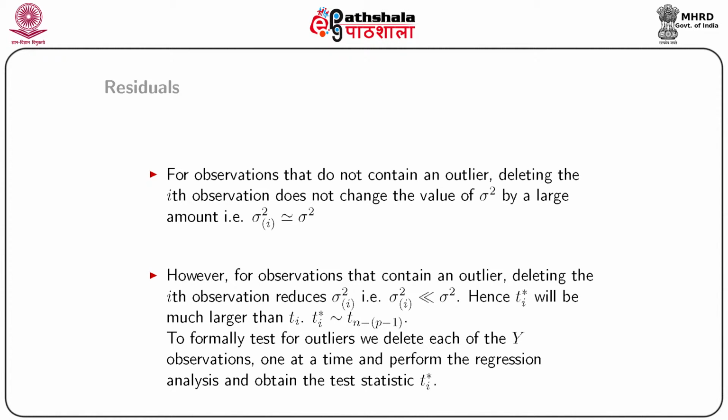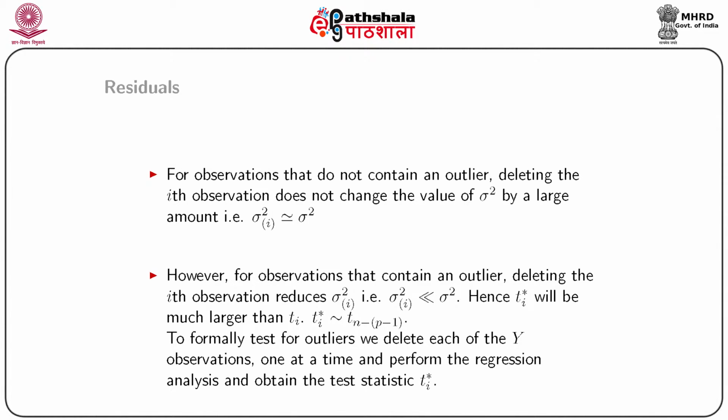That is, after deleting the ith observation, the variance sigma subscript i square is much lower than sigma square. Hence, Ti star, which is obtained by dividing the residuals by sigma subscript i, will be much larger than Ti or the standardized residual. The studentized residual Ti star follows a t distribution with n minus p minus 1 degrees of freedom.